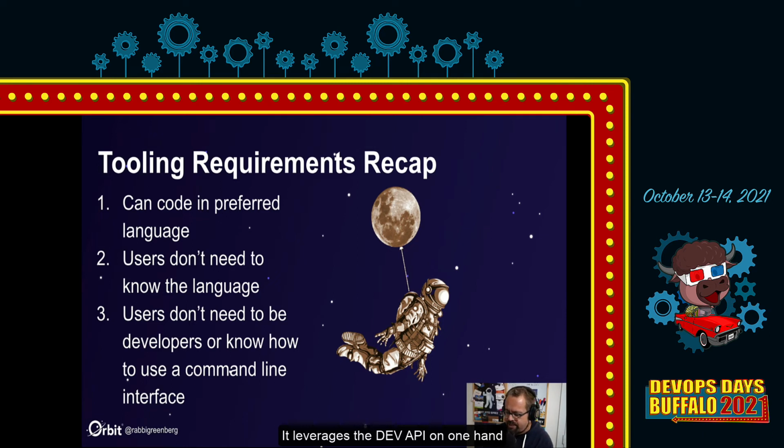It leverages the Dev API on one hand and the Orbit API on the other hand, but it does so by letting the person writing it write in whatever language they want to, by not assuming that the user has to know that language, and also by not assuming that the user is a developer or wants to build anything on a command line, and never needs to open their terminal in order to use this tool that is leveraging APIs but abstracting the use of the API away from the user, so that they can do what they need to do most productively and quickly with a little pain and hopefully a lot of happiness.